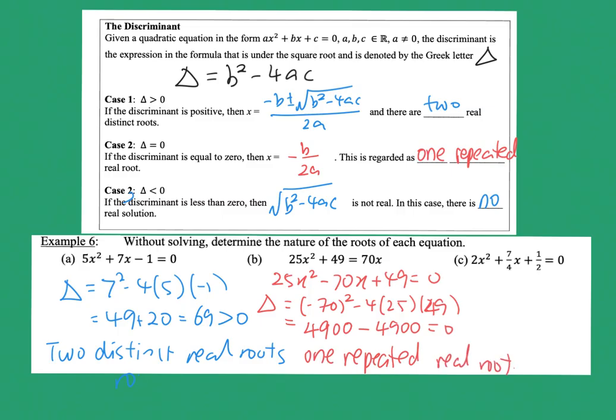For part C, we have 2x squared plus 7 over 4 x plus half. So the discriminant is equal to 7 over 4 squared minus 4 times 2 times half.